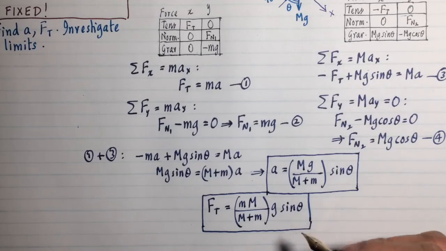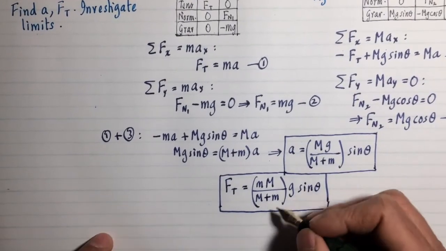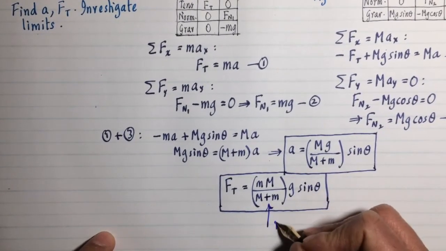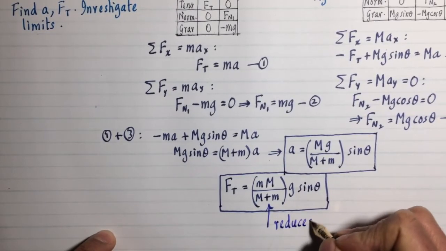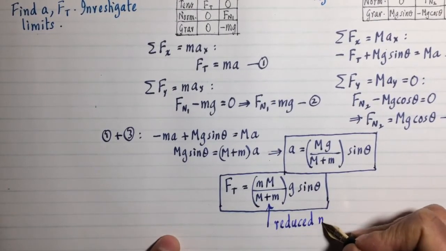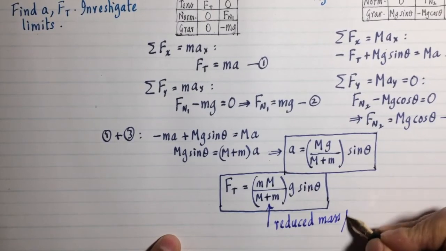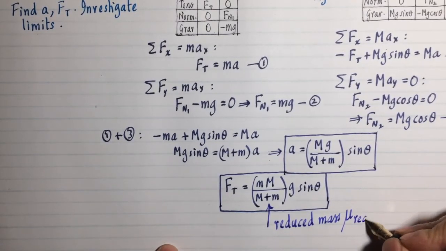This object is called the reduced mass, which I'm going to indicate by the symbol mu red.